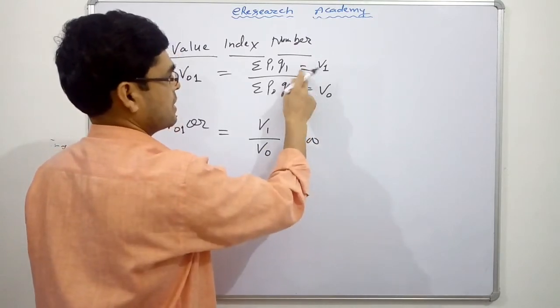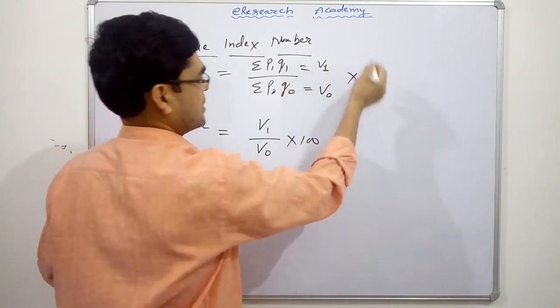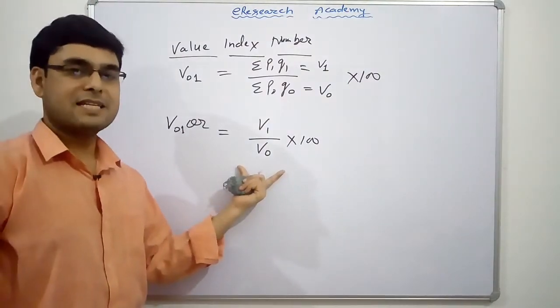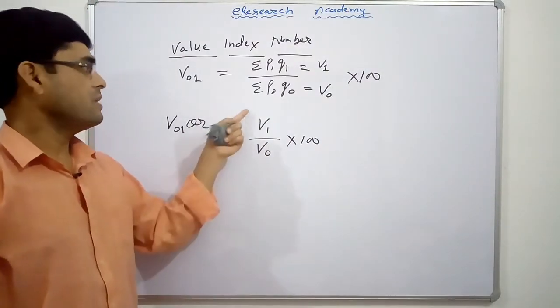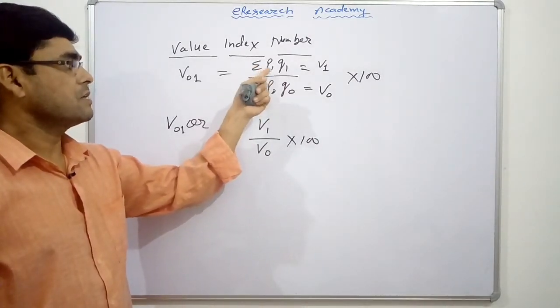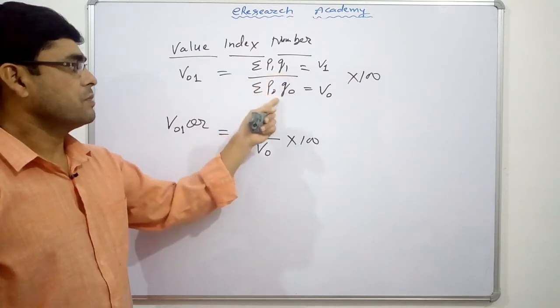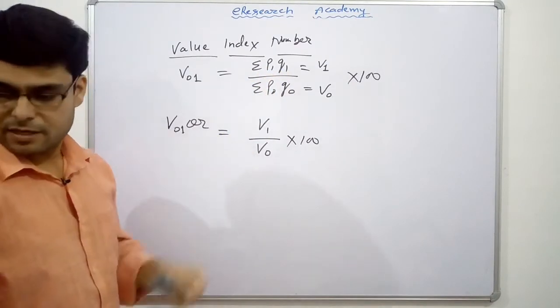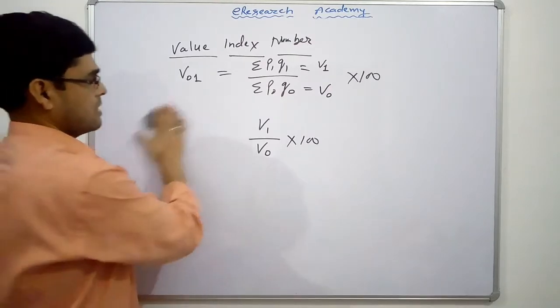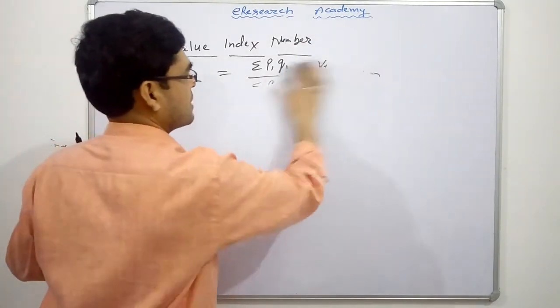So this is the formula for value index, and we have to calculate these two columns, sigma P1 Q1 and sigma P0 Q0. We will discuss it with an example.